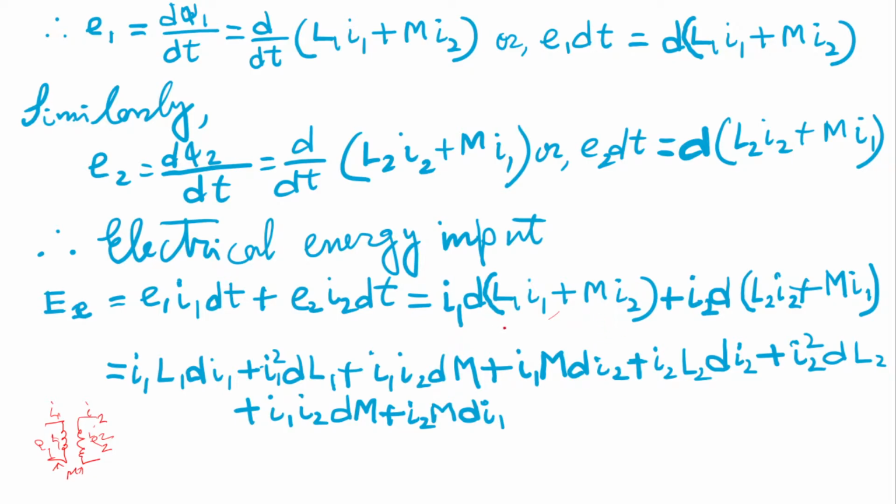Okay, I1 L1 d of I1 plus I1 square into d of L1 plus I1 I2 dM plus I1 M dI2.